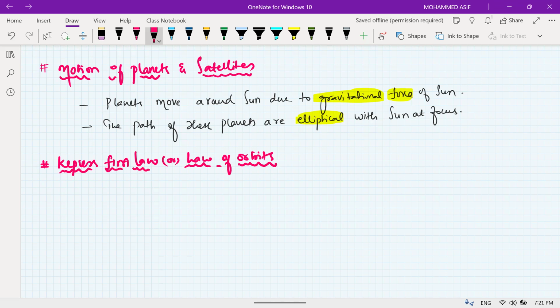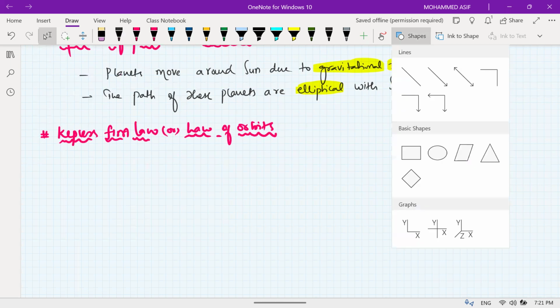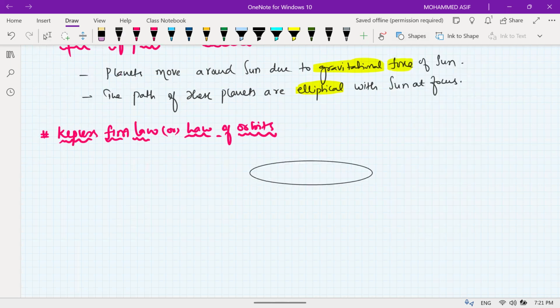What does this say? All the planets revolve in an elliptical orbit with the sun at the focus, which is known as the law of orbits. Say this is your elliptical path.